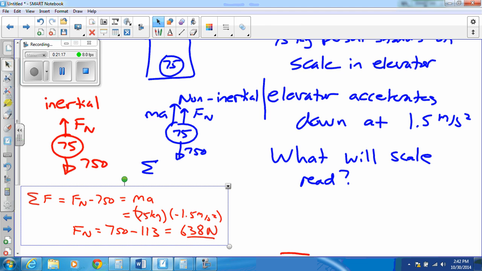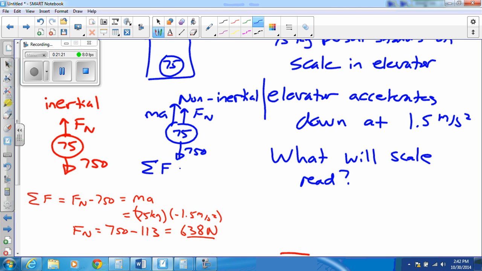Now we do sum of forces on this, and we get, here's 113 newtons pulling up, plus Fn, minus 750 equals 0.